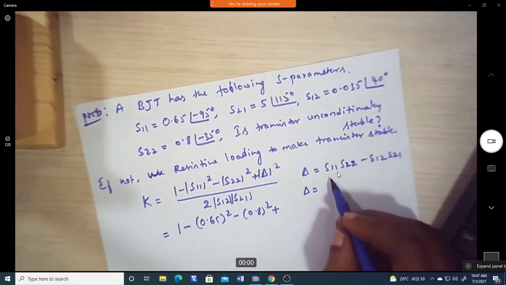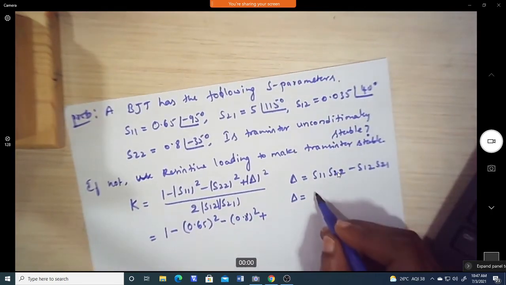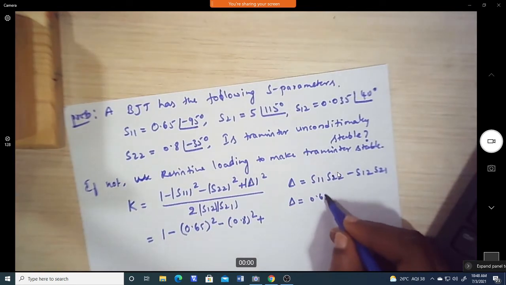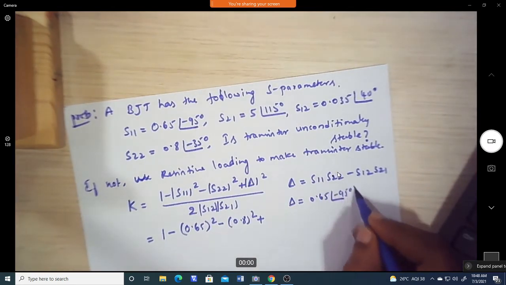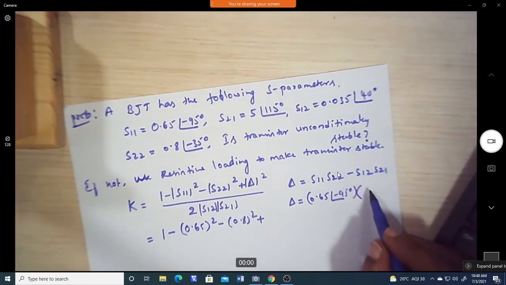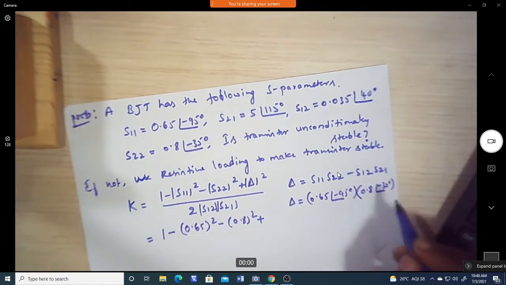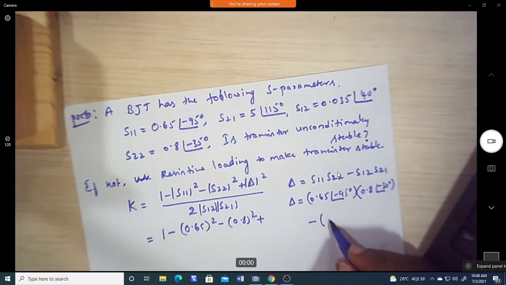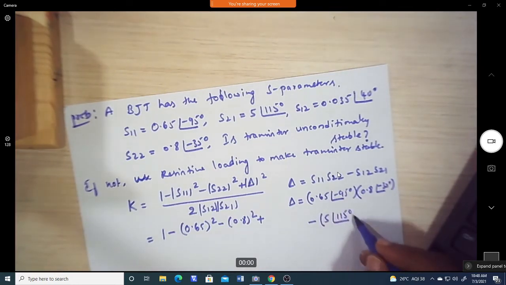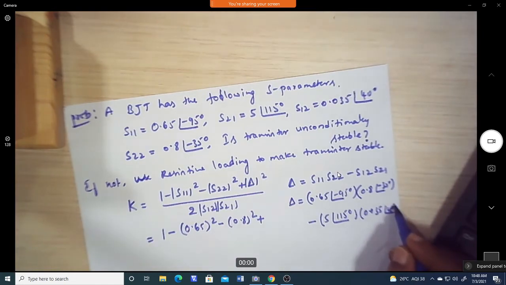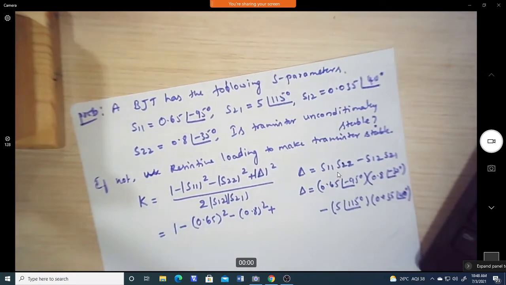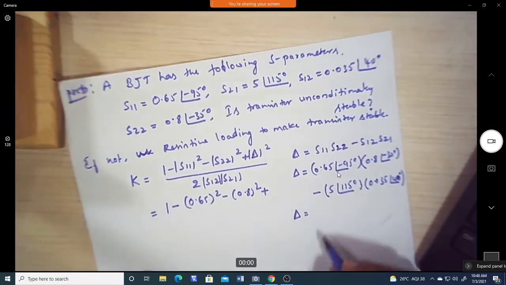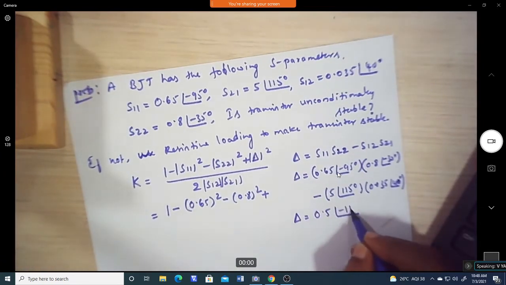So we need to take S11, 0.65 at an angle of minus 95 degrees, into S22, 0.8 at an angle of minus 35 degrees, minus 5 at an angle of 115 degrees into 0.035 at an angle of 40 degrees. So delta is 0.5 at an angle of minus 110 degrees.